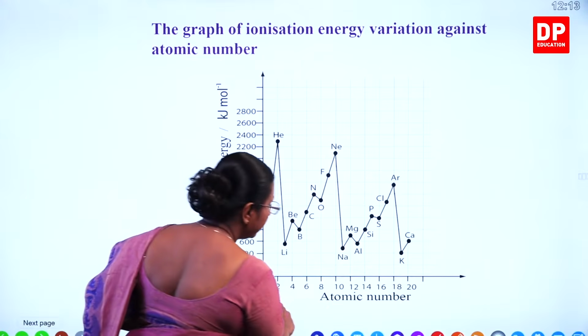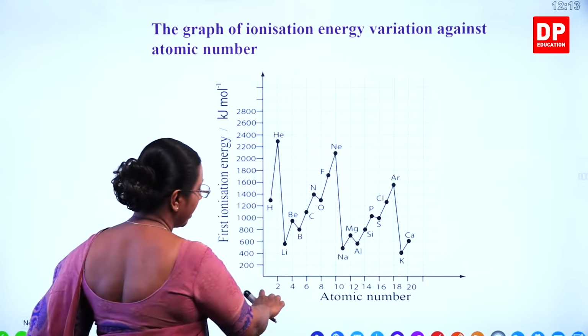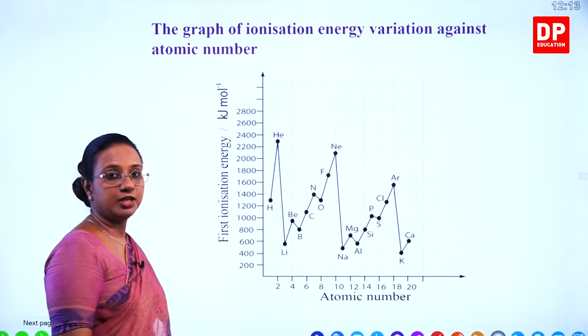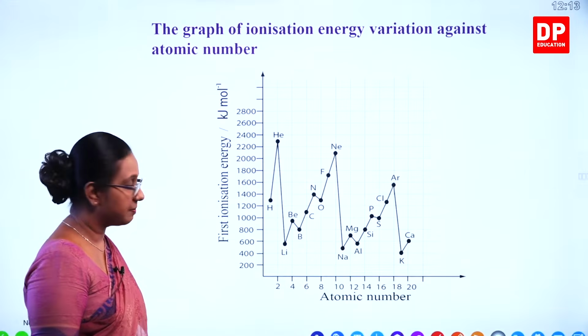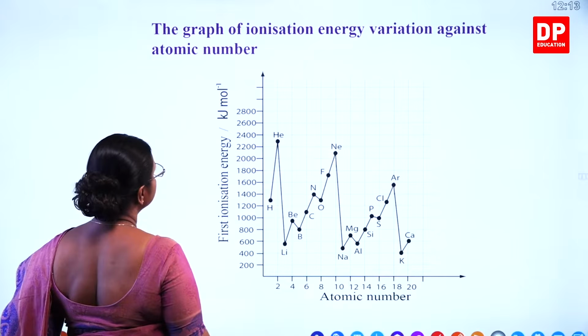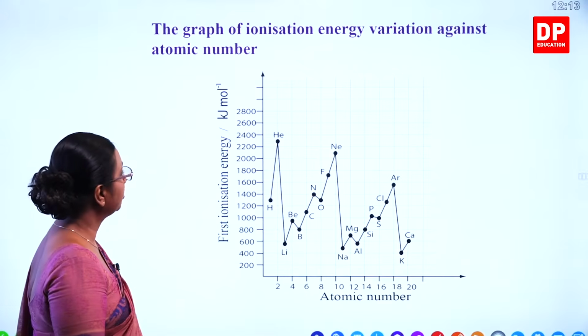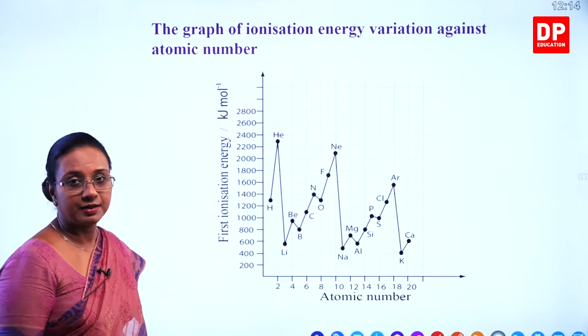Here you can see the x-axis has atomic number. So we are arranging the elements according to their atomic number. And the y-axis is first ionization energy and the unit is kilojoules per mole. You have to remember that.